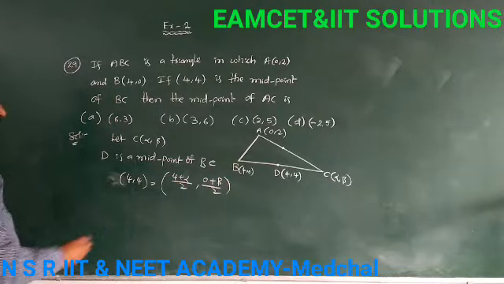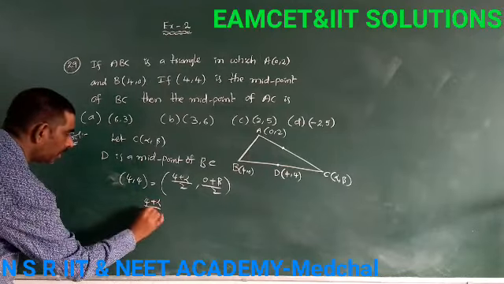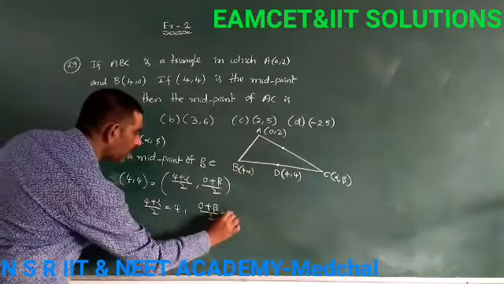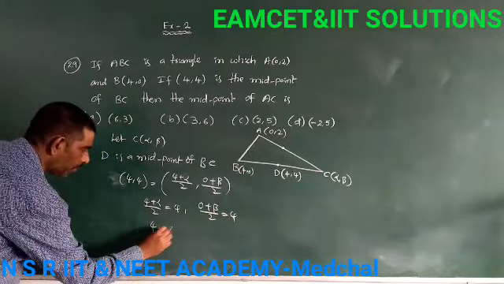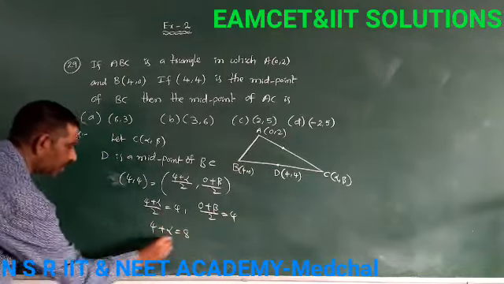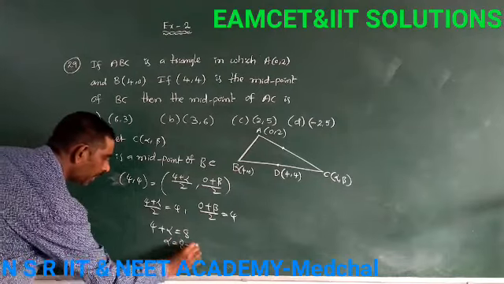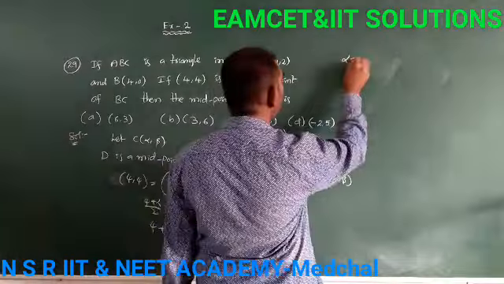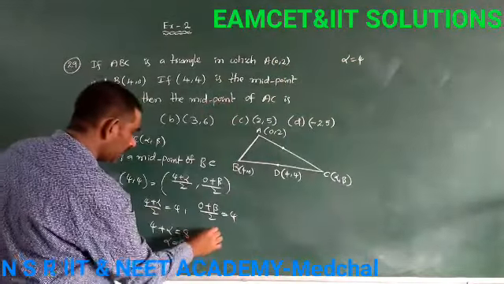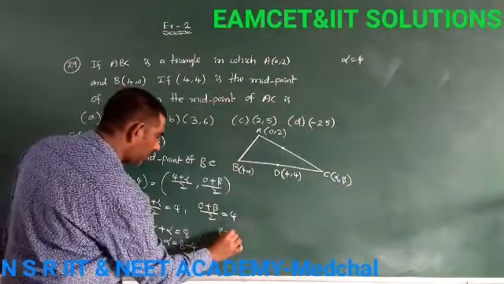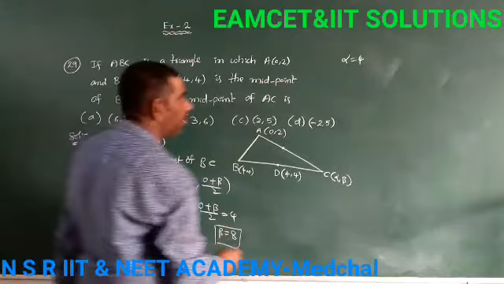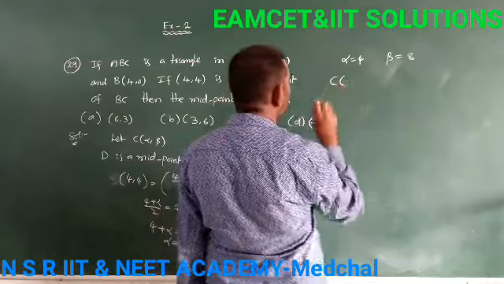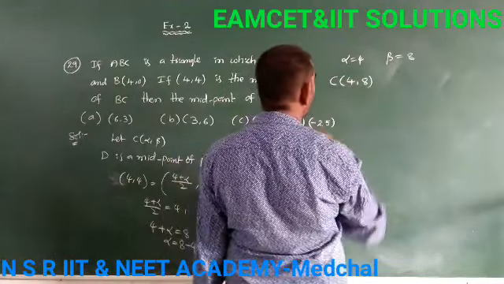So equating x and y coordinates, (4 plus alpha) by 2 equal to 4, (0 plus beta) by 2 equal to 4. So 4 plus alpha equal to 2 4s are 8. So alpha equal to 8 minus 4. We get alpha value 4. And similarly 0 plus beta equal to 2 into 4, 8. So directly we get beta value 8. So we get the C coordinates (4, 8).